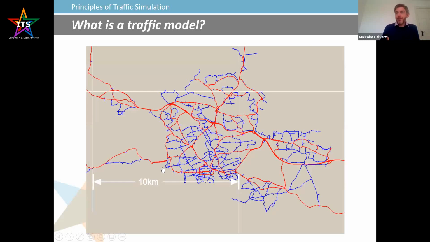Now, this is an example of a microsimulation model and the area that a microsimulation model covers. This was one that was developed by SYSTRA Limited. The reason for showing you this is because when we talk about microsimulation, we're not necessarily saying it has to be a small model.